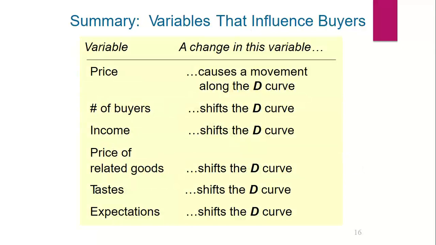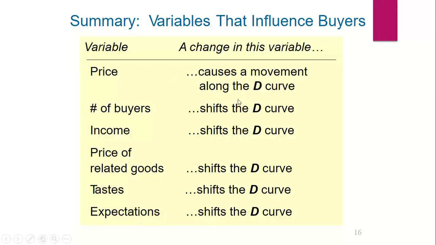Here is a summary of variables that influence buyers. The variables involved are price, number of buyers, income, price of related goods, tastes, and expectations. If you look at this table, you can see that there is only one variable that causes a movement along the demand curve.